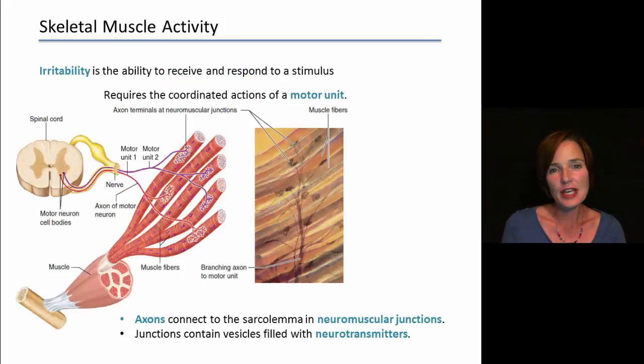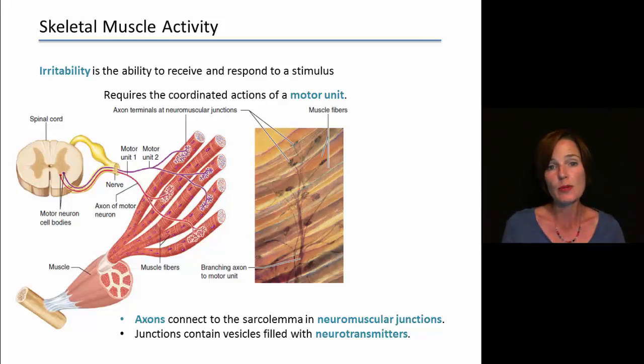So if we talk about the irritability part of it, irritability is defined as the ability to receive and respond to a stimulus. And this is something that's very important for our muscle system. This receiving and responding is going to require the coordinated actions of what we call a motor unit. And that motor unit is made up of a number of different pieces.